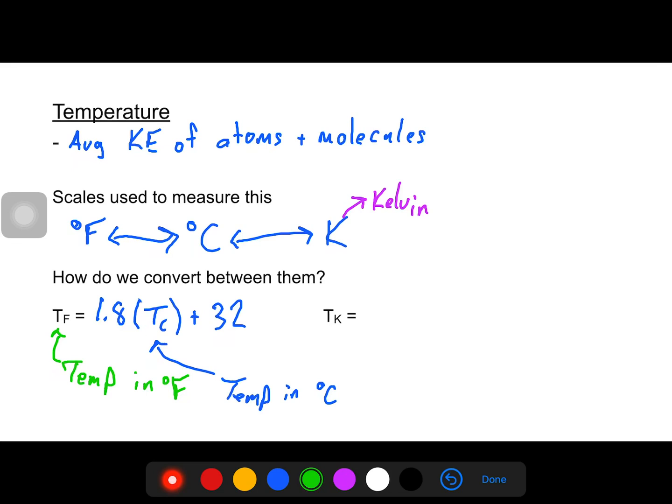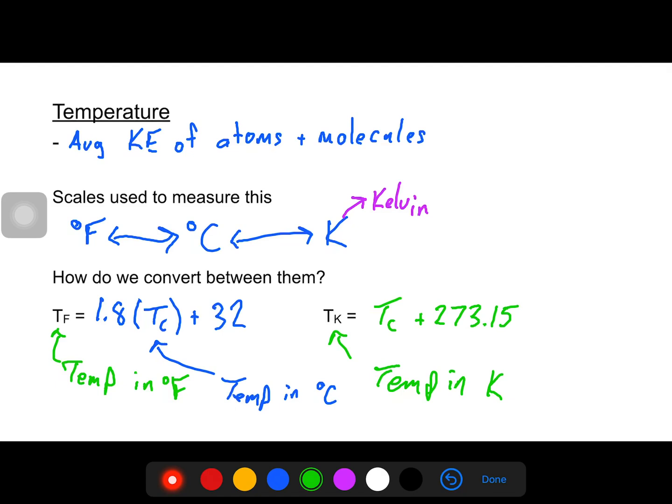The other one that we use is the equation for TK. TK stands for temperature in Kelvin, and that's simply taking our TC, our temperature in Celsius, and adding 273.15 to it.